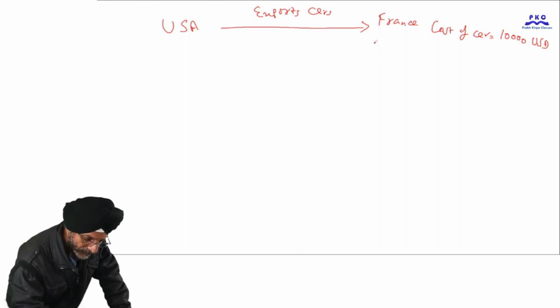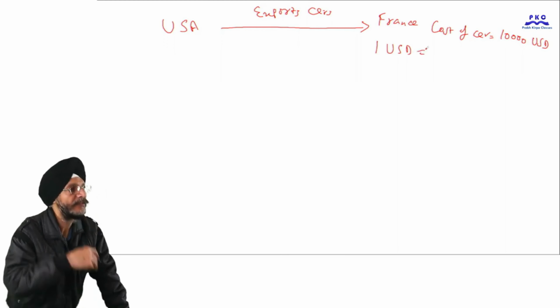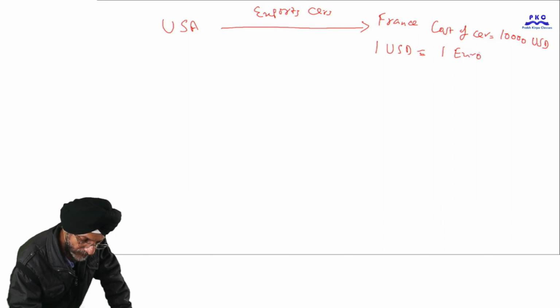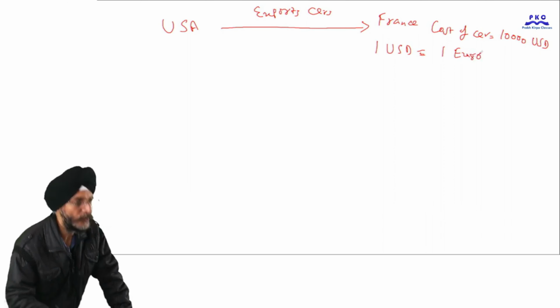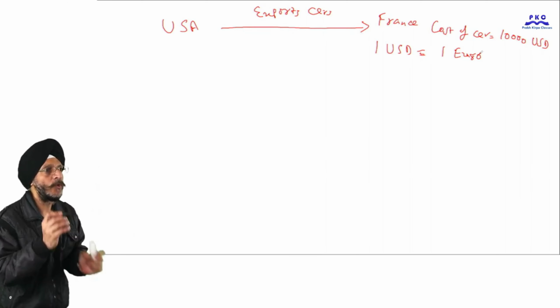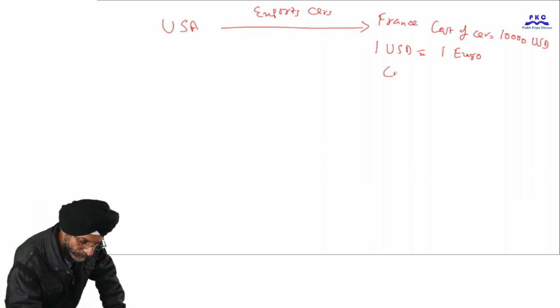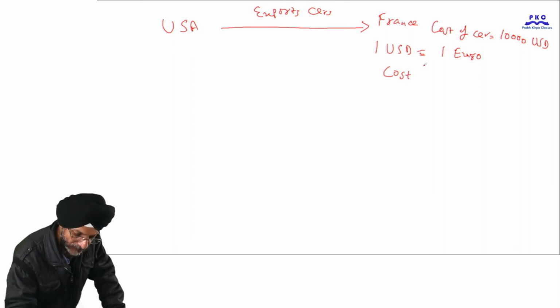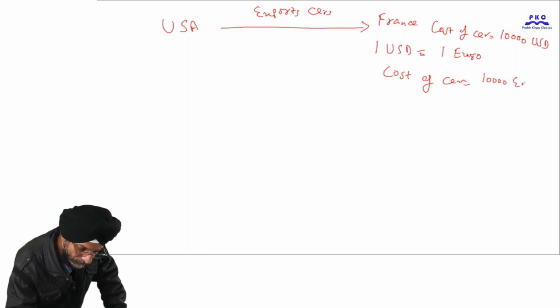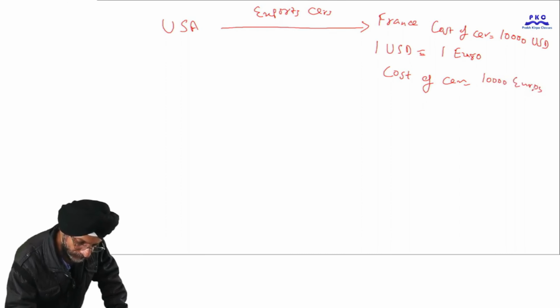We also assume that the exchange rate between the US dollar and the other currency, that is the euro, is equal. That is, 1 US dollar is equal to 1 euro. So the cost of the car for the residents of France is 10,000 euros.